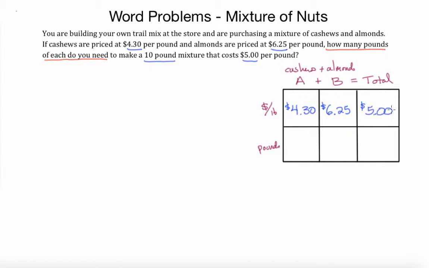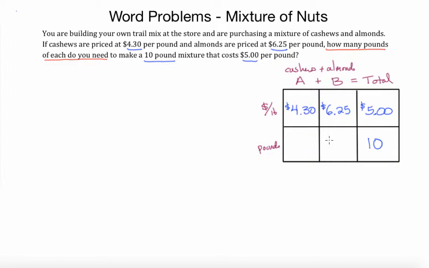All right, so we just filled in some things we knew there. Now I also know pounds. The only thing I'm given about pounds is that for the total mixture, I want to end up with a 10-pound bag of almonds and cashews. I'm not really too picky about how many of each, I just want a mixture.